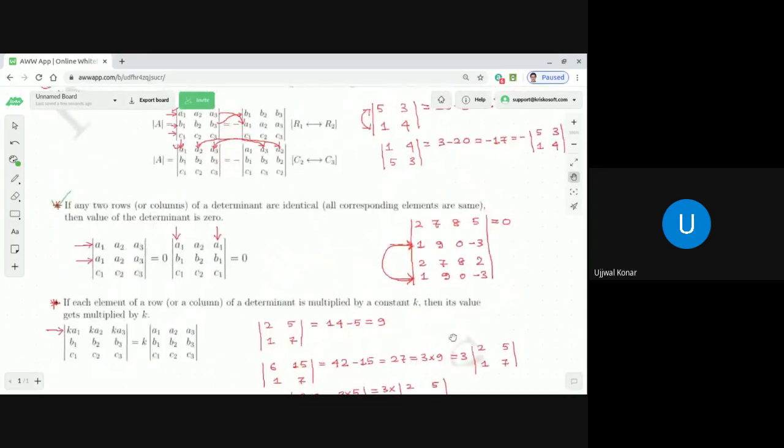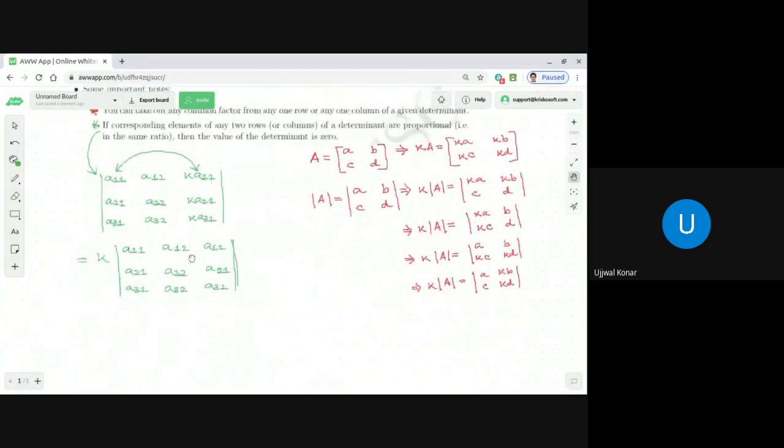That means all corresponding elements are the same, then the value of the determinant is 0. So we can apply this property here. As we see that column 1 and column 3 are exactly identical, the corresponding elements are the same. So using this property, we can write K into 0, that is equal to 0.